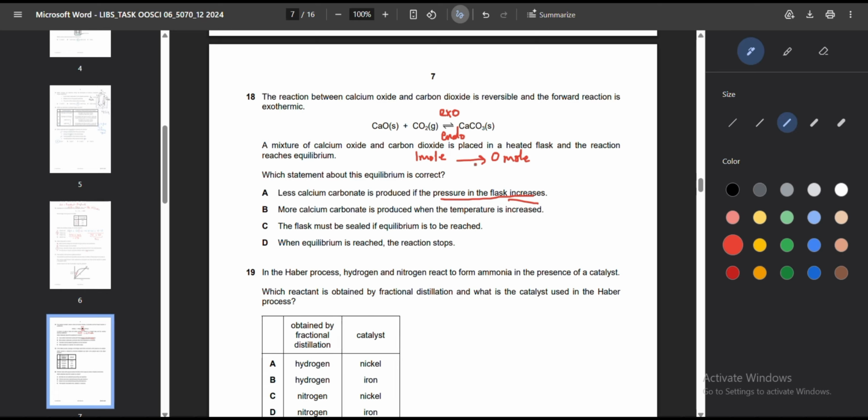So the reaction should move in the forward direction. So less calcium carbonate is produced if the pressure in the flask increases? If the pressure increases, the reaction will move in the forward direction, and as a result more calcium carbonate would be produced. So option A is incorrect.